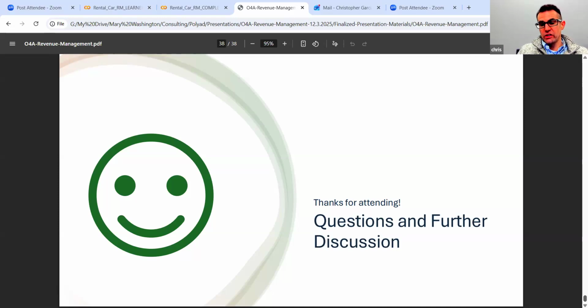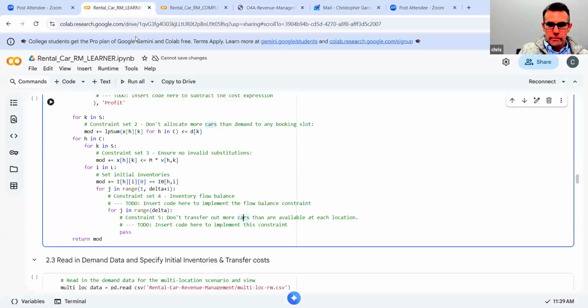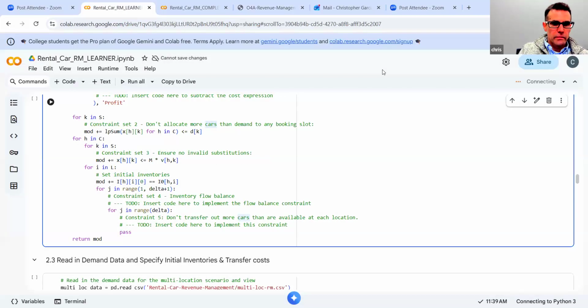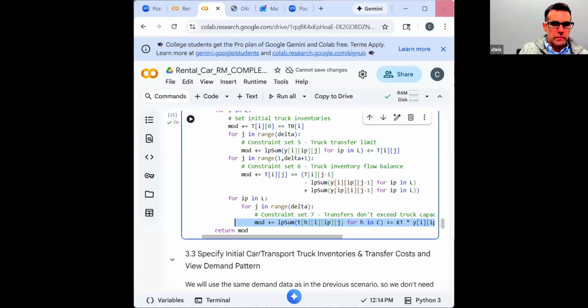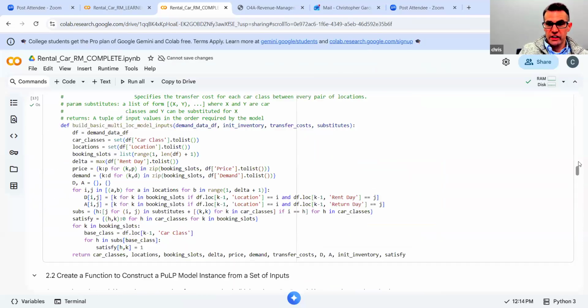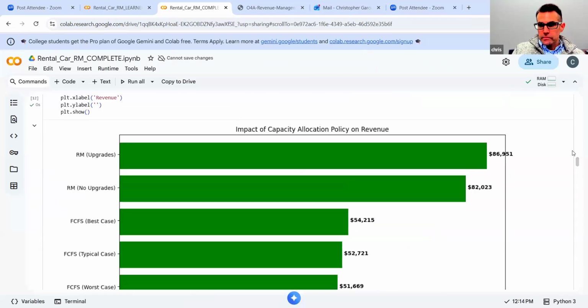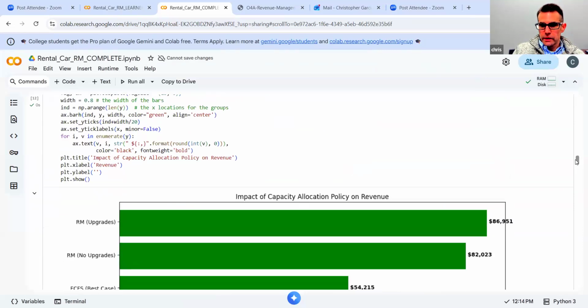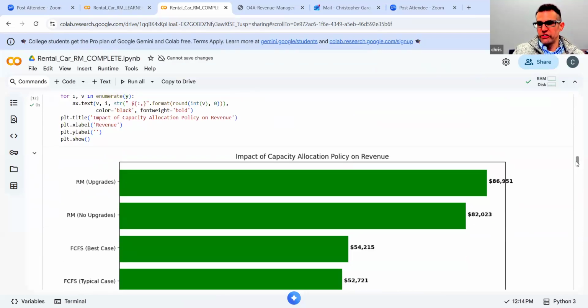But if we go back to what we saw, I'll bring up the notebook for a minute. I'm going to go back to the comparison. We did a simulation to see how this does. This was the very simple single location scenario.